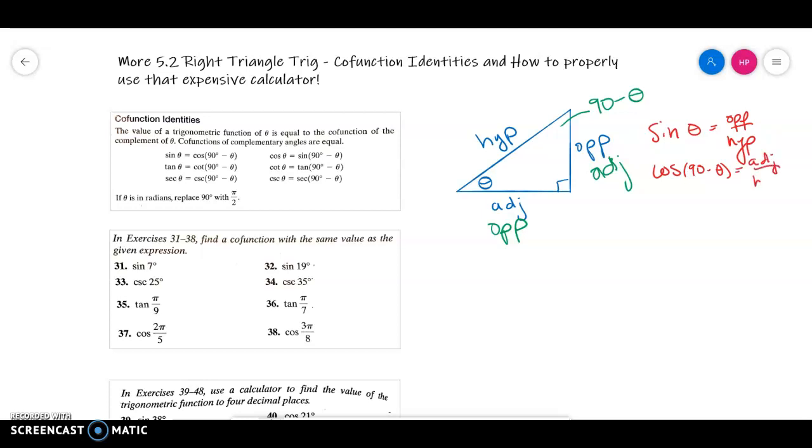It just happens to be adjacent to that angle instead. So this opposite side here and this adjacent side here are actually the same side. And so that's the way the cofunction works.